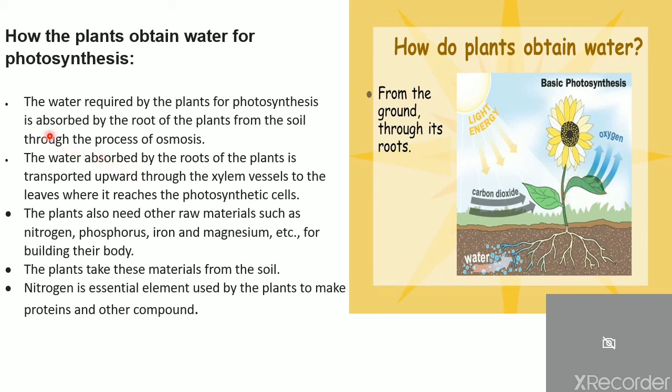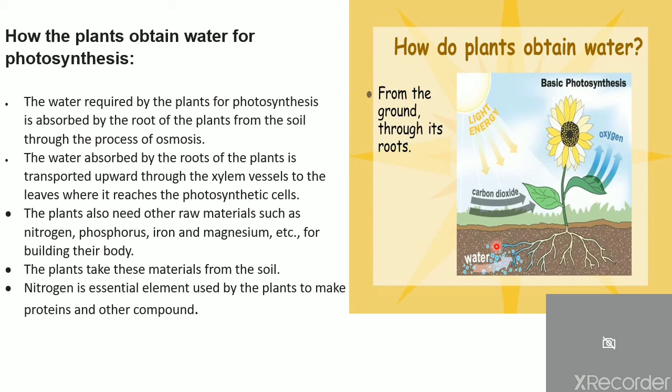So we'll go through a few points which have been mentioned here. The water which is required by the plants for the process of photosynthesis is absorbed by the root of the plant from the soil through the process of osmosis. Like in the last slide, I had used the term diffusion. Here you came across a new term, osmosis, which we'll be learning in detail afterwards.